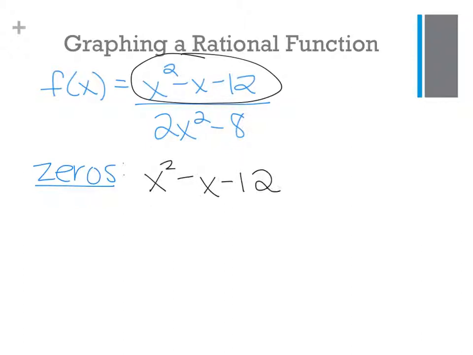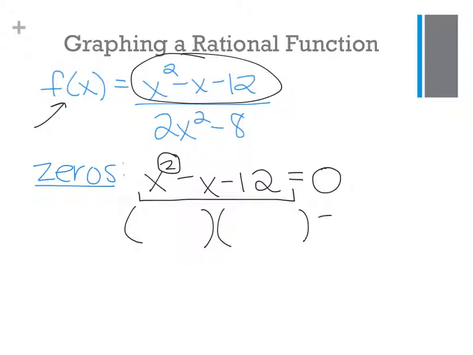So I need to find the zeros of the function x squared minus x minus 12, okay, because that gives me the zeros of the function f of x. So if I set the numerator equal to 0, I can see that this is a quadratic trinomial. There's 3 terms, and it's quadratic because it's a degree 2 polynomial. And we are going to try and factor this in order to determine our zeros.